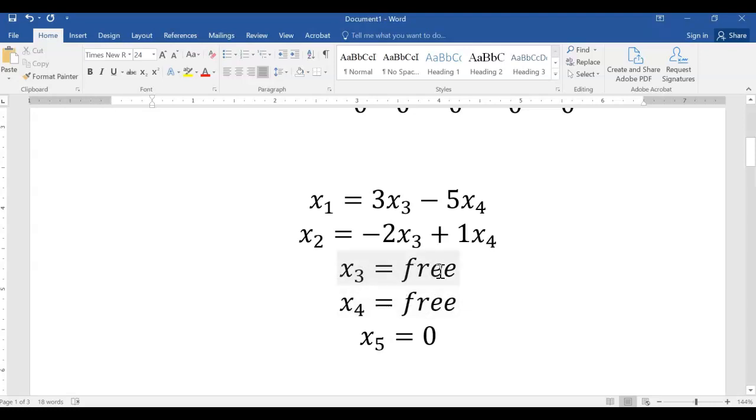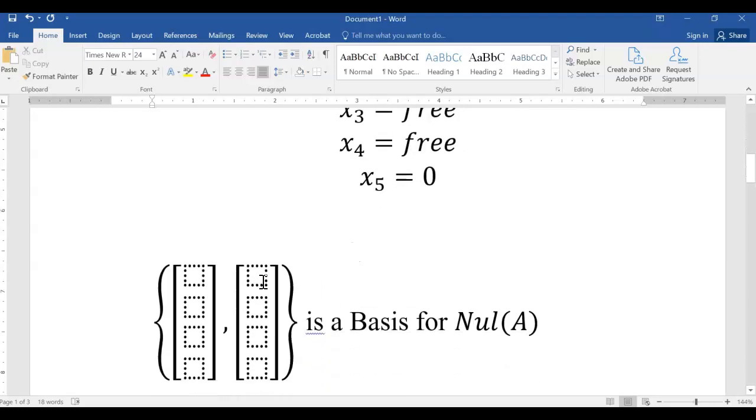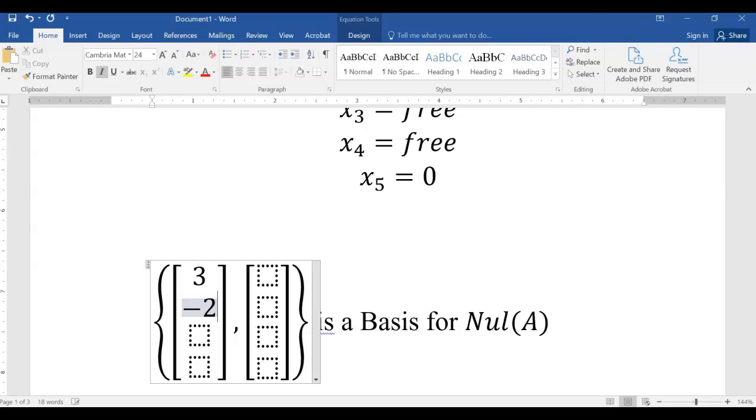If I put a 1 in for x3, I get 1, and then I get a negative 2, and then I get a 3. So the vector 3, negative 2, 1, 0, 0 is going to be the first vector in my basis for the null space.